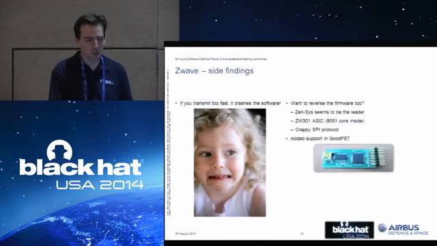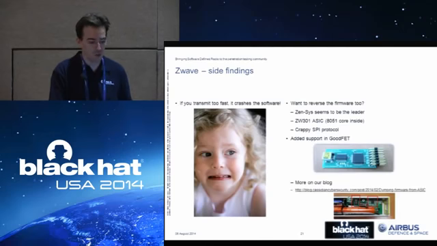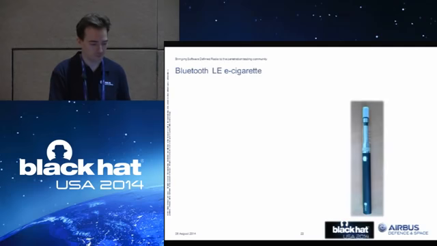So we added support in the GoodFET from Travis Goodspeed. It's right now in the firmware. If you just download the firmware for your GoodFET, it will be in there. And if you want more detail, you can read our company blog that details everything we've done on the SPI protocol and implementing the protocol in the GoodFET.